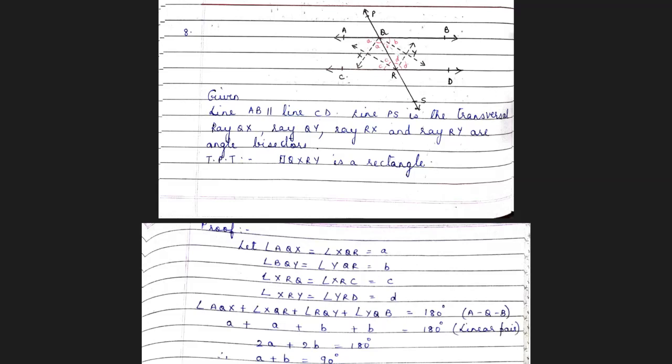So first, since QX, QY, RX and RY are angle bisectors, I will write them as: let angle AQX equal to angle XQR be equal to A. Next, angle BQY and angle YQR, let it be equal to B. Angle XRQ and angle XRC equal to C. Next, angle QRY equal to angle YRD.